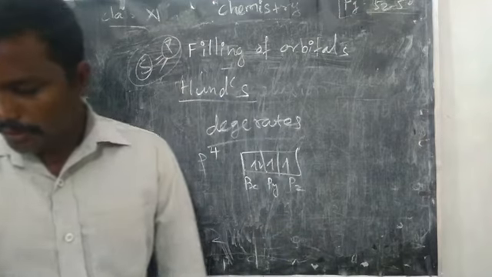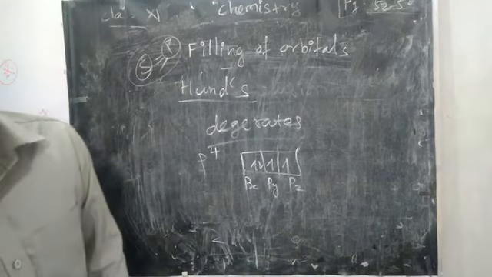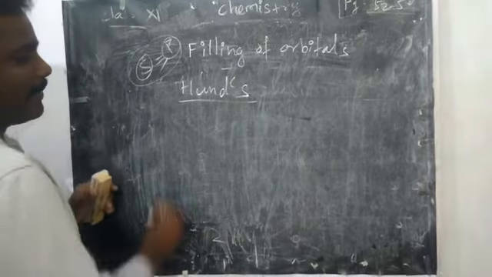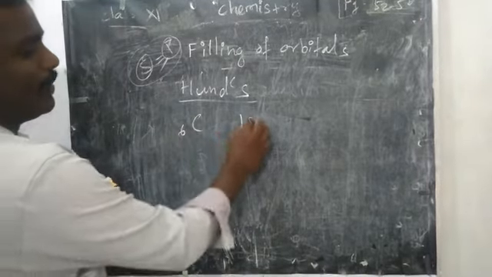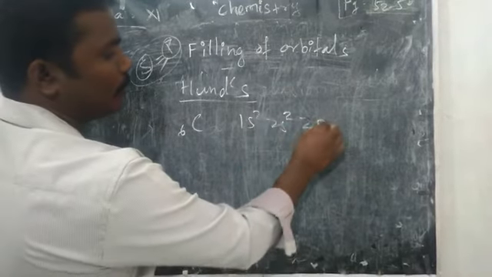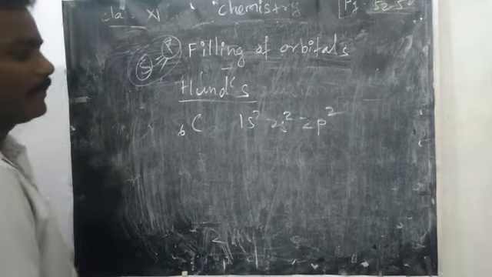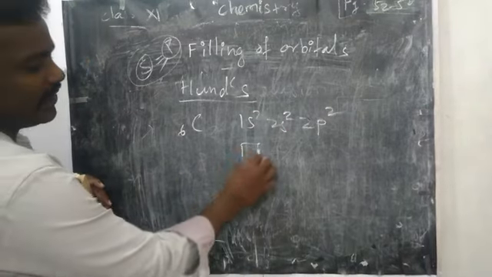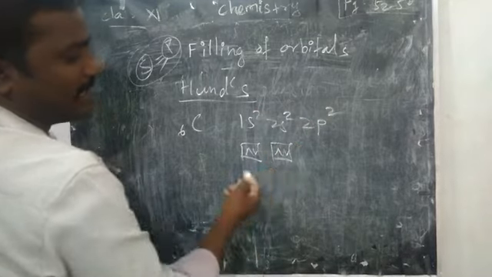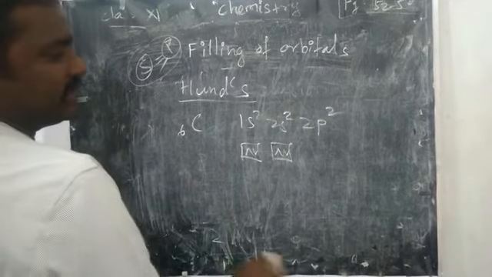Okay, so we can write for carbon to understand Hund's rule. Carbon, what is the atomic number? 6. So the electronic configuration is 1s2, 2s2, 2p2. Okay, right. So for 1s we can write 1, 2. For 2s 1, 2, because they have the lowest energy.